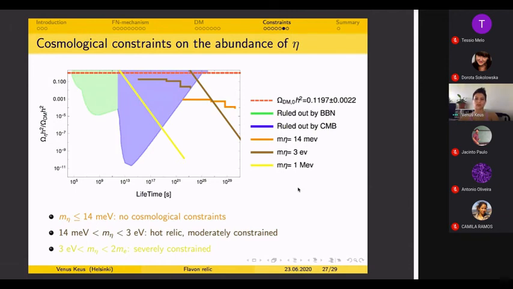But for eta to contribute 100% of the dark matter density, it is quite a difficult thing to do, because either your particle would be too short-lived, or it would be long-lived enough, but so light that it would be a hot relic and would be bound from different kinds of cosmological data.